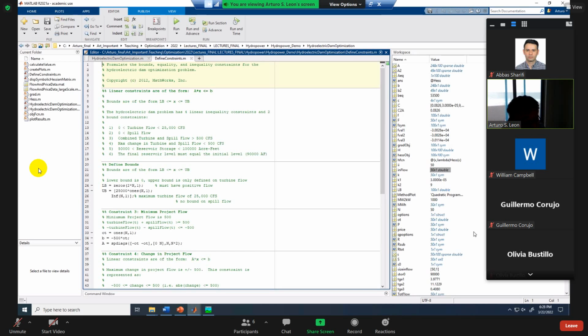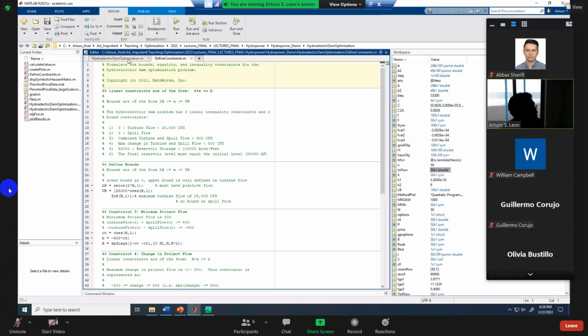We only control the flow release, which means how much flow passes through the turbine and how much flow passes through the gated spillway. The price we cannot control. The price is given by the market. Yeah, thank you.